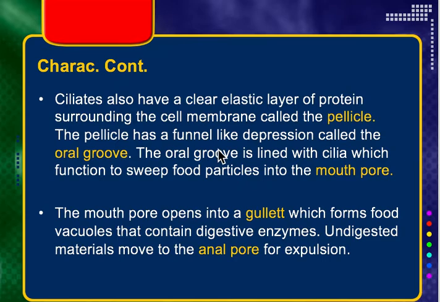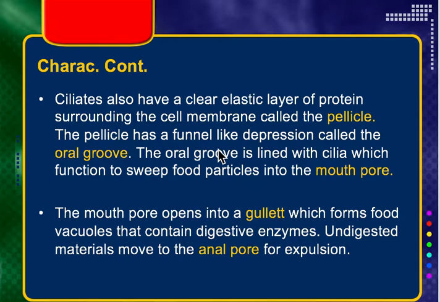These cilia are lining this oral groove, and they're in water, they're aquatic, they beat, and as they beat, the water pushes into the oral groove, and the opening is actually called a mouth pore. So any food that is in the water, the cilia are going to beat back and forth, and they're going to push the food into the mouth pore.